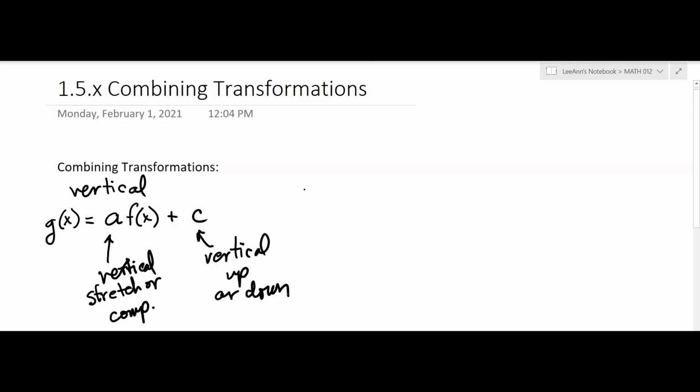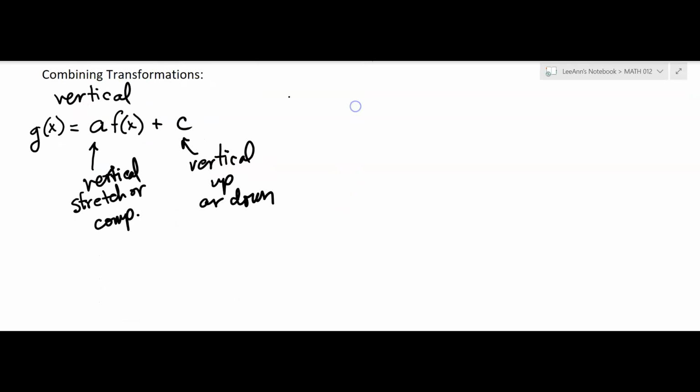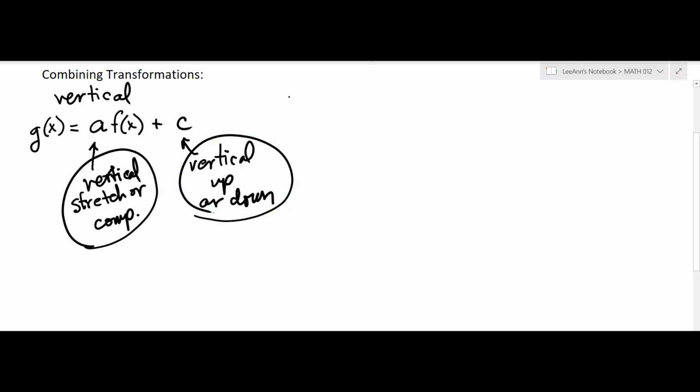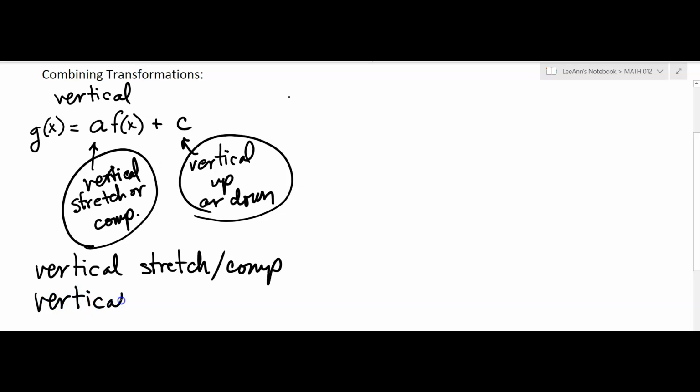Okay, so in this case, you're going to do the stretch first. So you're going to do this part first, and then you're going to do the shift. Okay, so for vertical, you're going to do a vertical stretch or compression first, and then you're going to do the vertical shift up or down.